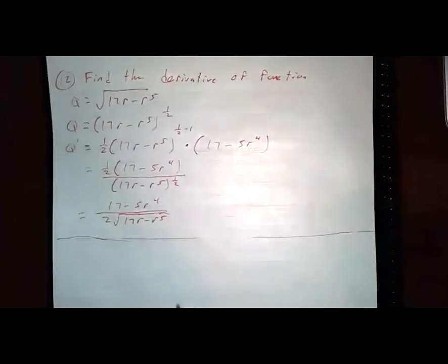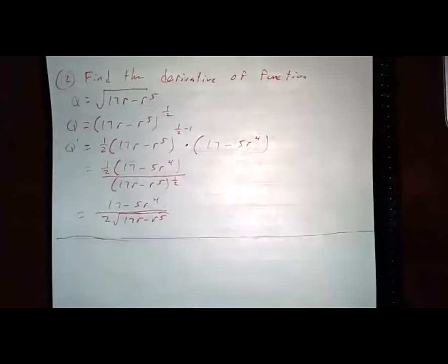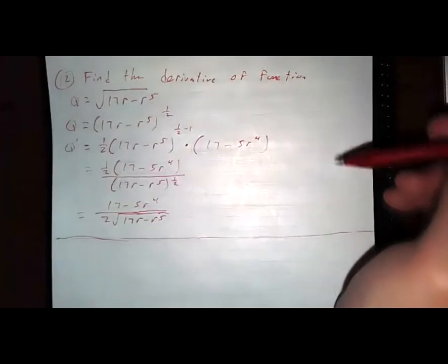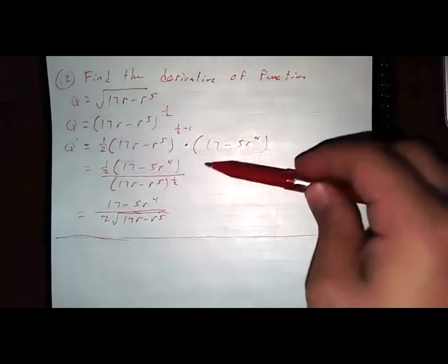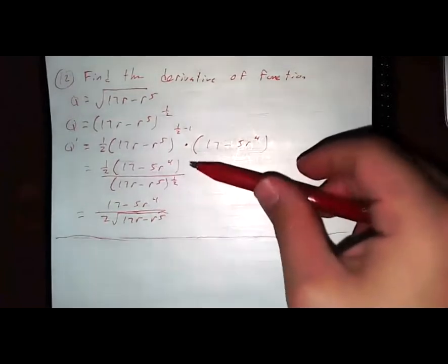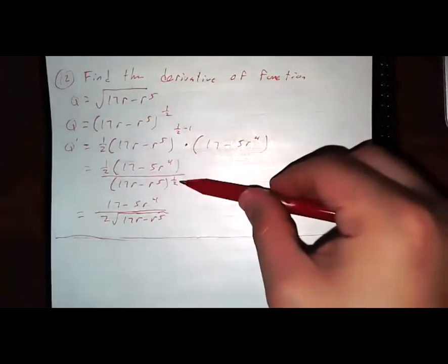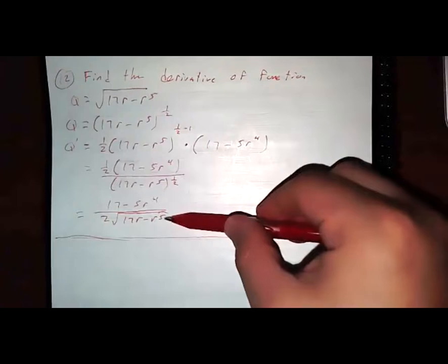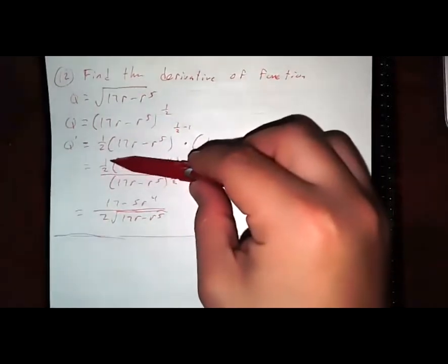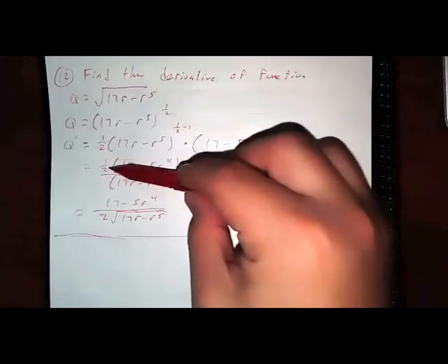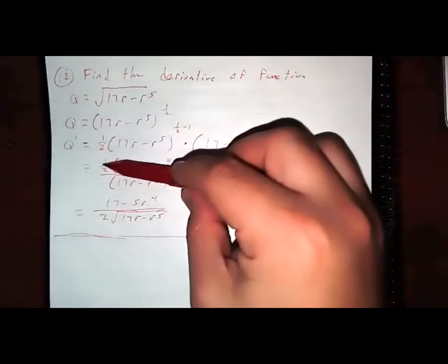Can you explain real quick how you got from the second-to-last to the last, from here to here? Yes, the 2 square root of 17r minus r. So the half power means square root, right? Yes, that's the same. Putting the half right here is weird.